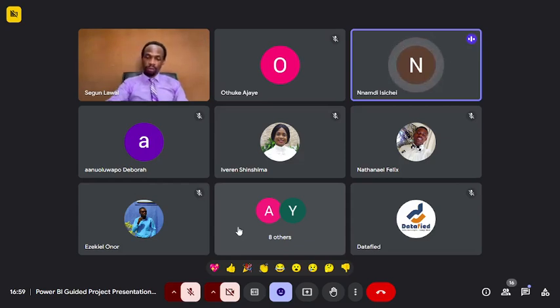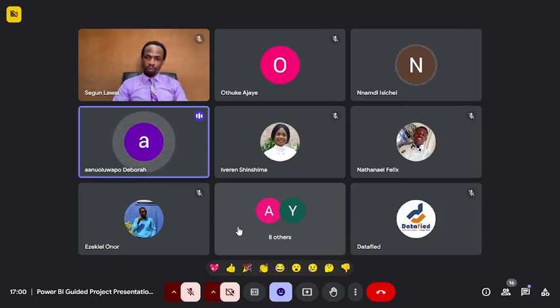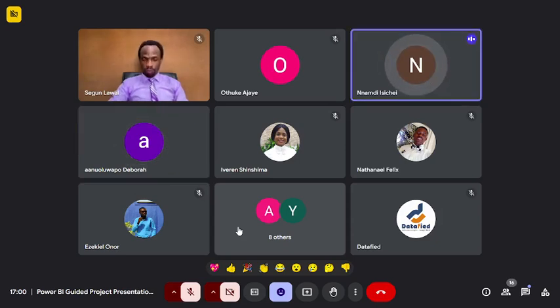Anu, please confirm that your laptop had actually gone off, because she sent me a message that her laptop would soon go off. So I told her to take a screenshot, although I can share the image of her dashboard here if her laptop is no longer on. Anu, please confirm that your laptop is not on. My laptop is still on, sir. Okay, please present your screen since it's on. Thank you.